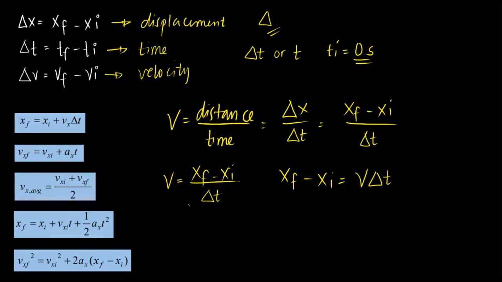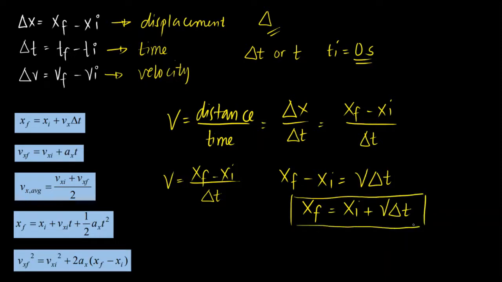So, gin-transpose ko lang si delta t. Now, I have xf minus xi equals v delta t. So, the final displacement of our object is equal to, transpose xi, xi plus v delta t. And this is our first formula.